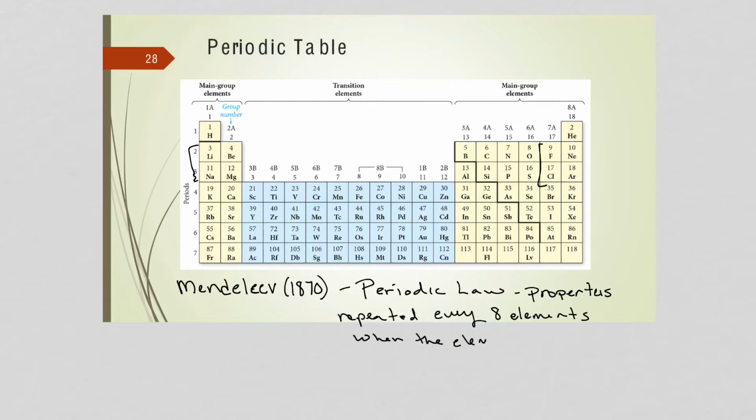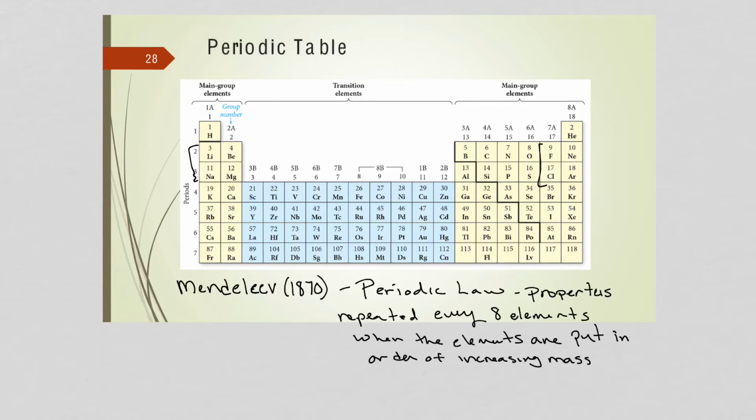And I guess we should say when the elements are put in order of increasing mass. Now, of course, was mass at Mendeleev's time?